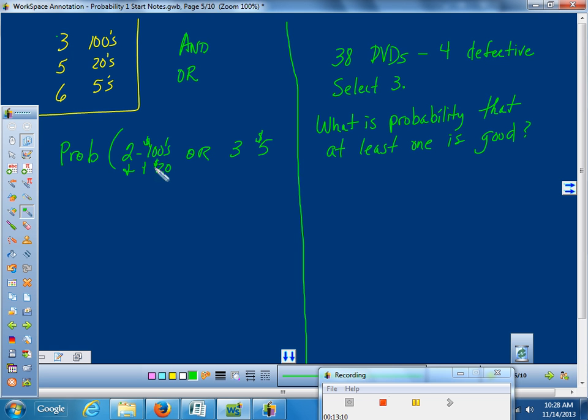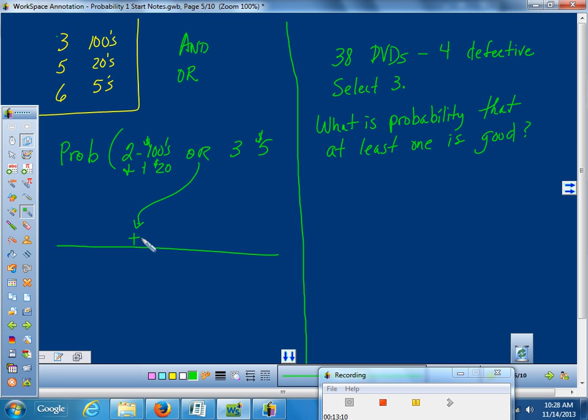So you've got to do 2 total problems and then add them together. Why did you say add? Because there's an "or" in there, and "or" means you add.